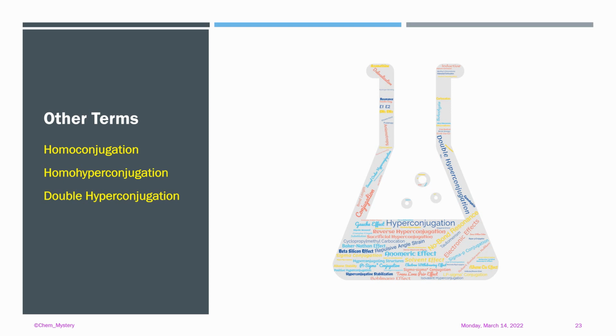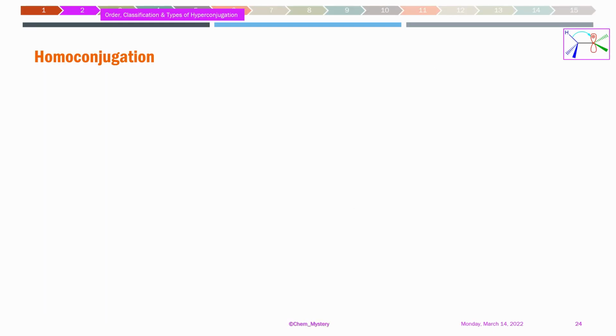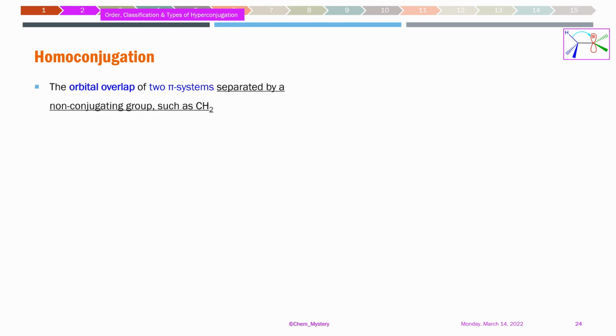Usually, when we see this kind of conjugation, the way we have been writing it, there was a carbon-carbon double bond, there was a carbon, one single bond, and here there could have been one empty orbital where the delocalization was possible. This was the case of conjugation, right? Here, the conjugation was taking place across one sigma bond. But in homoconjugation, this conjugation takes place across two carbon-carbon single bonds.